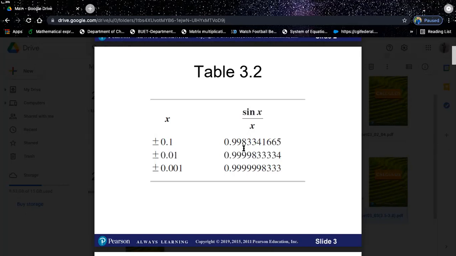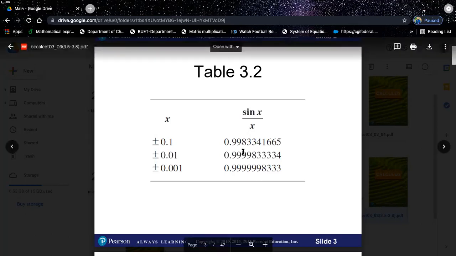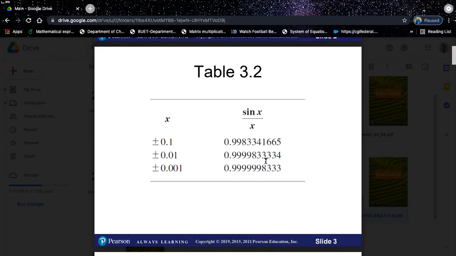Where will it take us if it keeps going like this? What do you think? As you can see, it's going really close to 1. Do you agree? It's 0.998, then it's 0.999, and you can see the number of nines are increasing here. So your assumption might say, hey, it looks like it's going really close to 1.